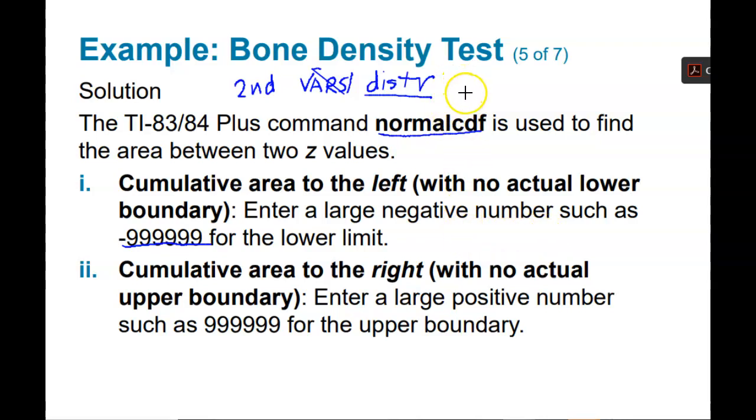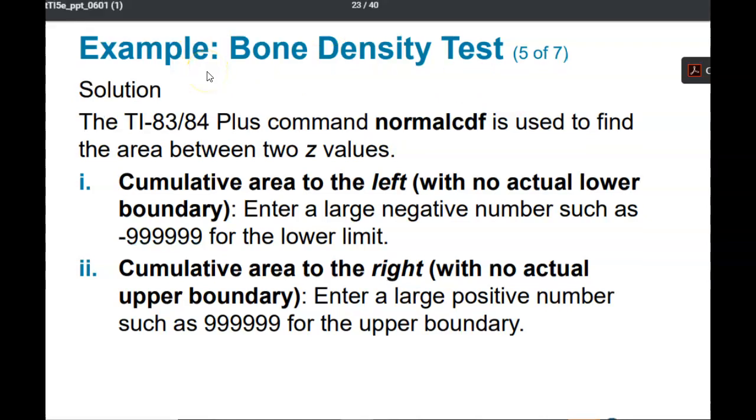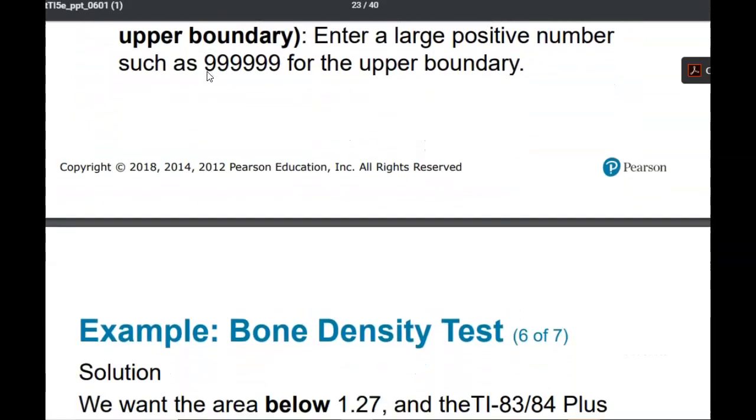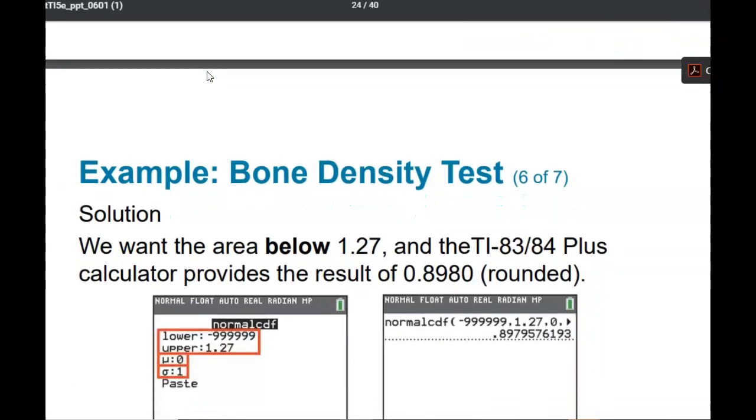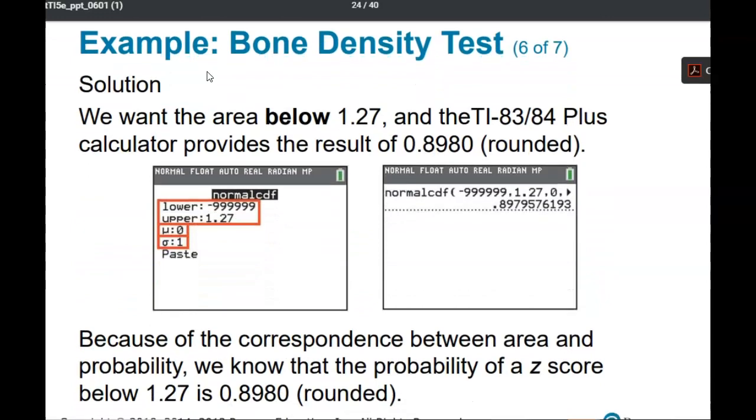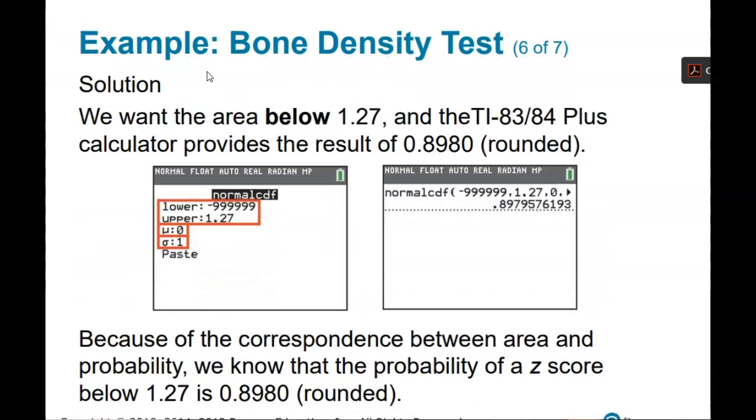When you do this in your calculator, you get normal CDF, and some of you will get a menu like they show on the next page, and some of you will get a parenthesis. I'll tell you what to put in those parentheses, and what order it goes in, in a moment. If you have a newer operating system in your calculator, you go to the normal CDF function, and it asks you for the lower limit and the upper limit.